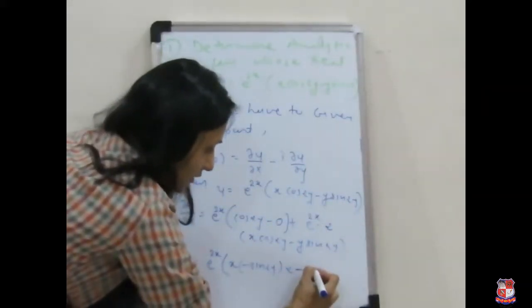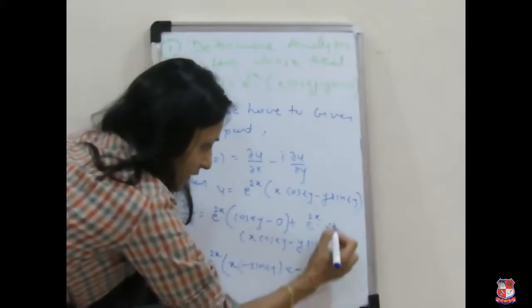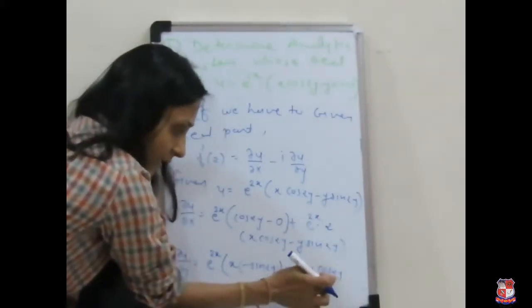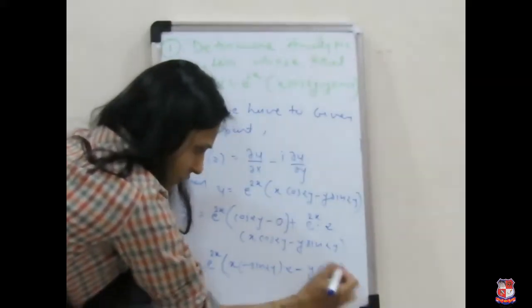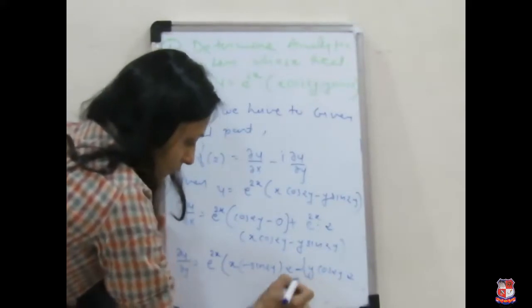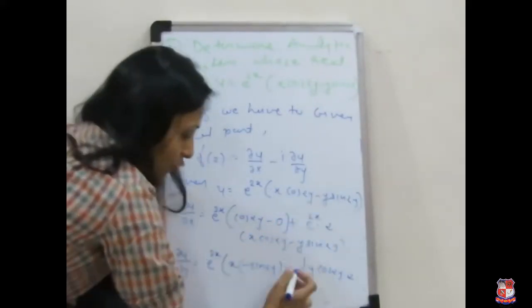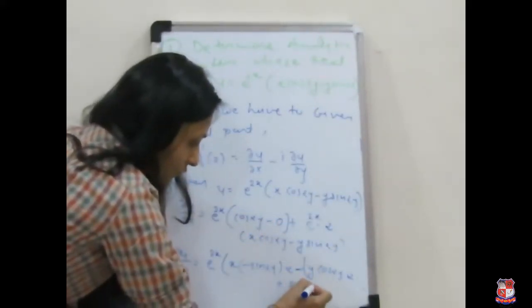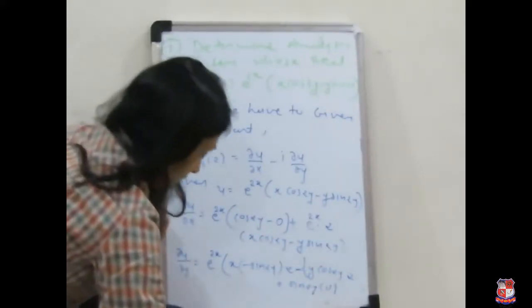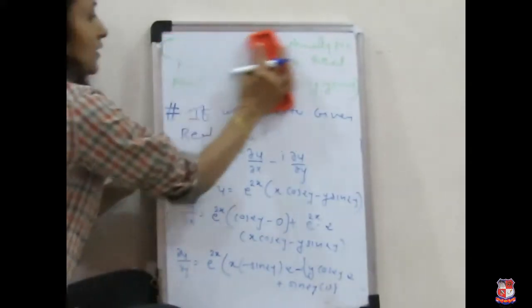That is y as it is times the derivative of sine, that is cos 2y, and again the derivative of 2y is 2, plus y sin 2y is a constant, times the derivative of y, that is 1. This is del u by del y.